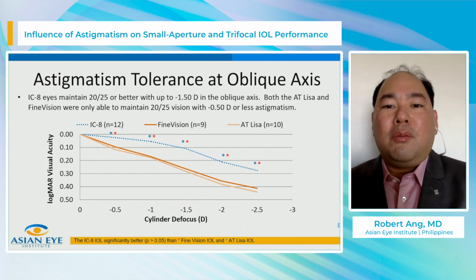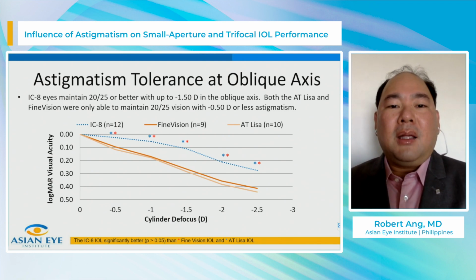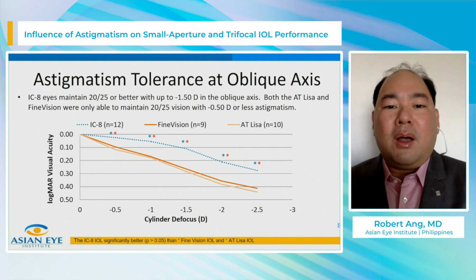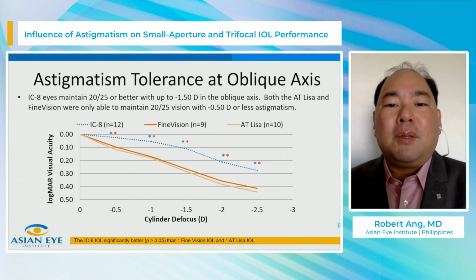Then we also tried oblique. So at oblique axis, you see that the difference between the trifocals and the IC8 are much more pronounced, meaning the IC8 is more tolerant of astigmatism all the way up to 1.5 diopter cylinder, retaining 20/25 vision, whereas the other two lenses at 0.5 diopter cylinder at the oblique axis, they already dropped to 20/25, and it got much worse from there.